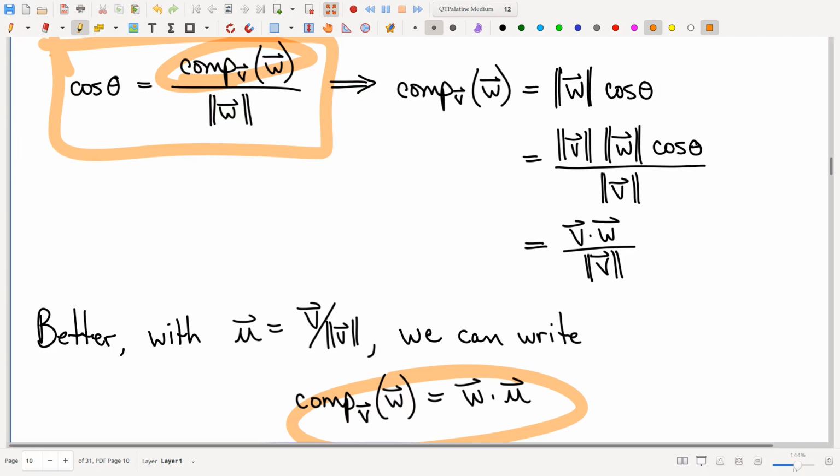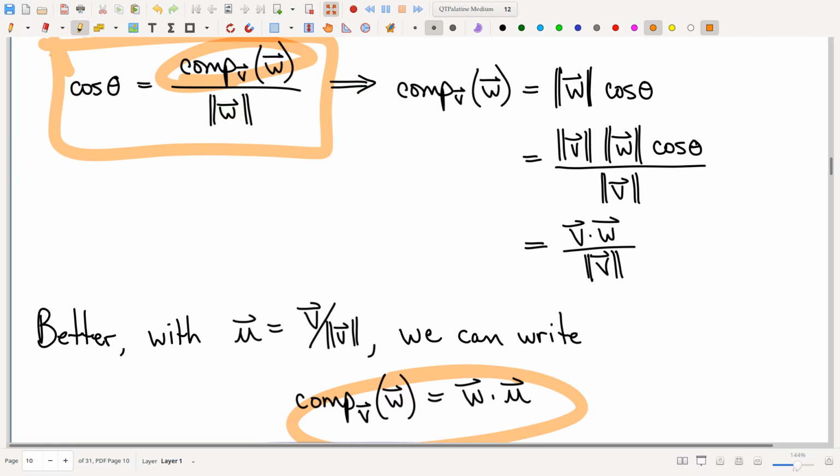It might be useful. Most of the time, though, the way you're going to compute component is with this formula right here. And if you want to compute the angle, you would typically look at the geometry in a different way. So what you say is true, but not particularly useful. I'm sure there's some situation where that's useful.